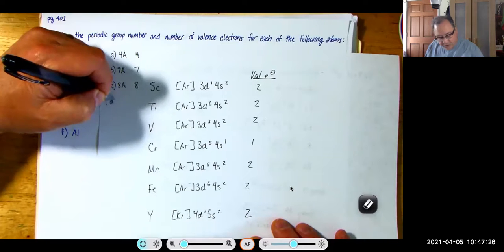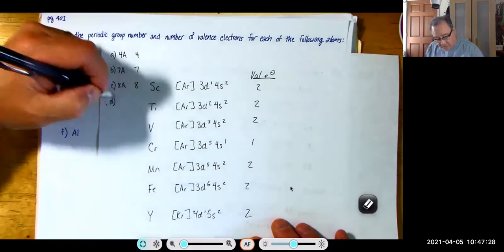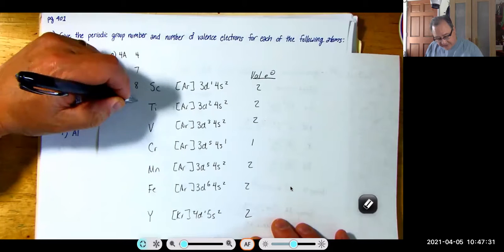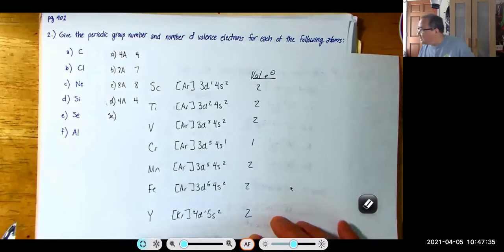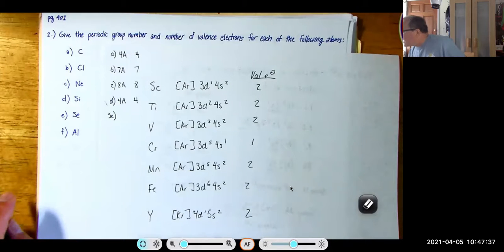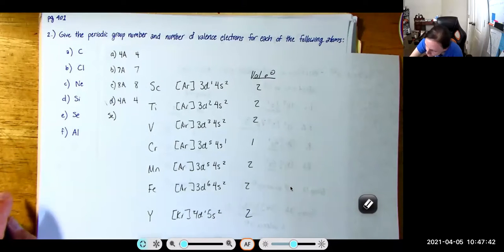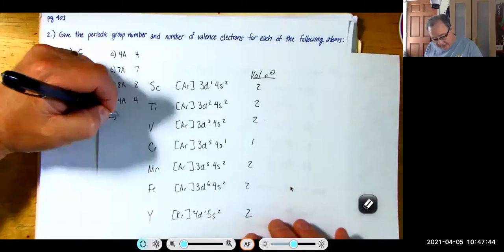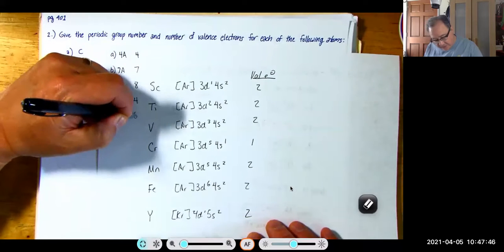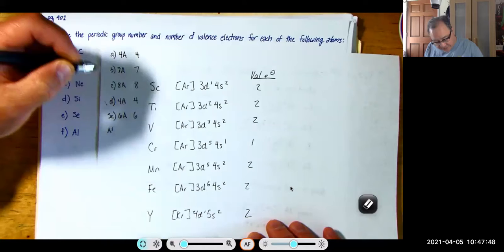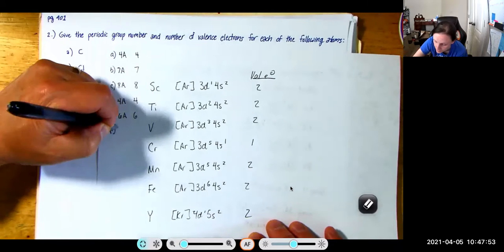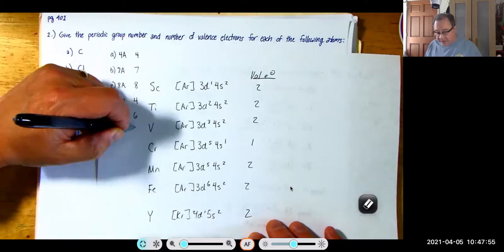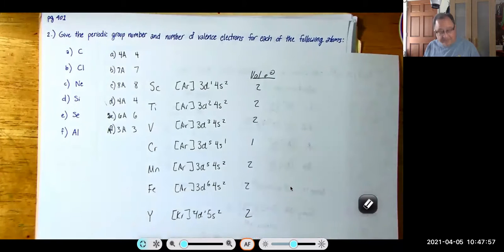Silicon, which is right below carbon, is in group 4A, so it's got 4 valence electrons. Selenium is in 6A, beneath sulfur. And aluminum is in group 3A, 3 valence electrons. So that's the first one right there.